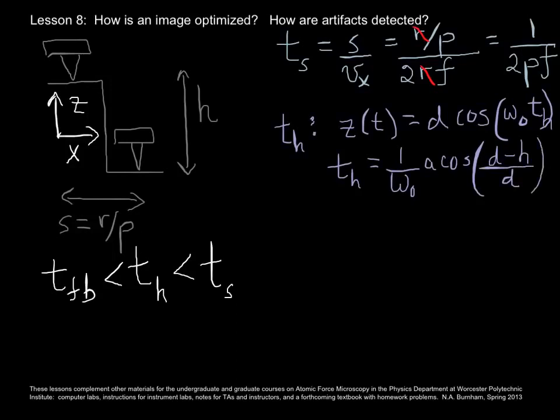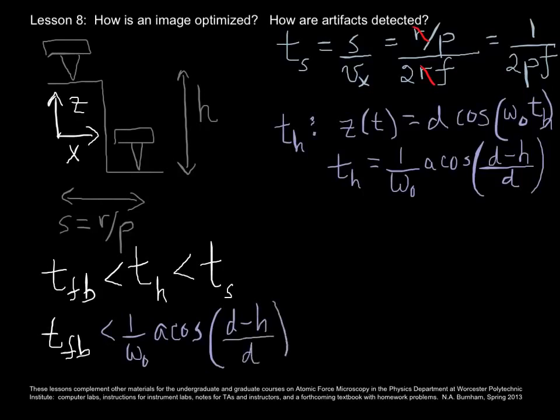So there we go. Now, pulling all these together and putting them back in the white equation on the lower left, what we get is that the feedback time response, which you control through the gain, must be less than 1 over omega 0, resonant frequency, arc cosine, set point deflection minus the height of the feature divided by set point deflection.